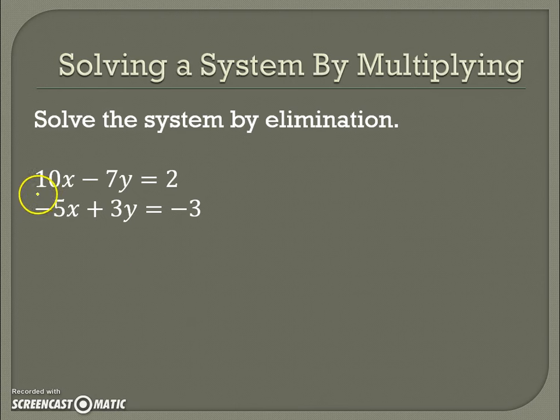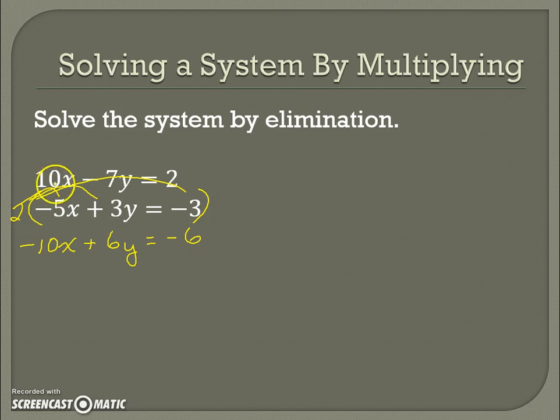In fact, if I multiplied everything here by 2, in other words, if I distribute this 2, the equation remains the same, but it changes some values here. So I have 2 times -5 is -10x plus 6y equals -6. Okay, so this times 2 is that, this times 2 is that, this times 2 is this.